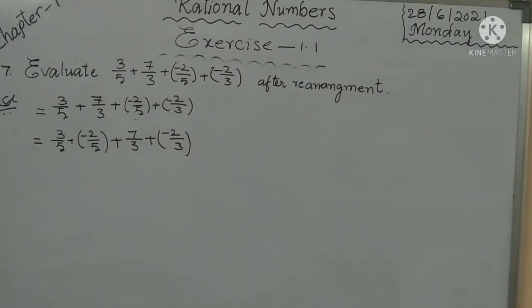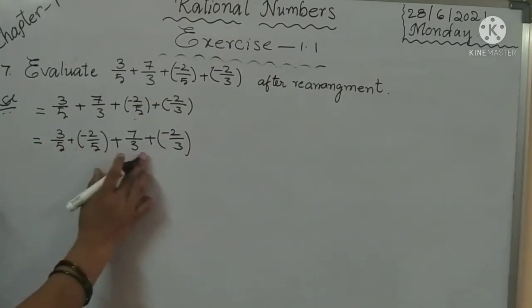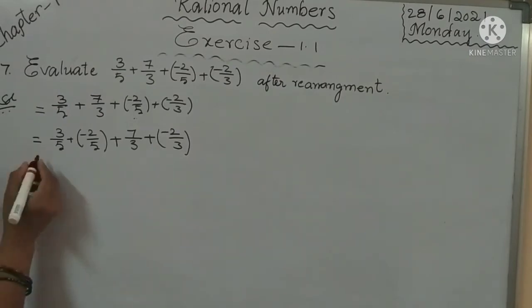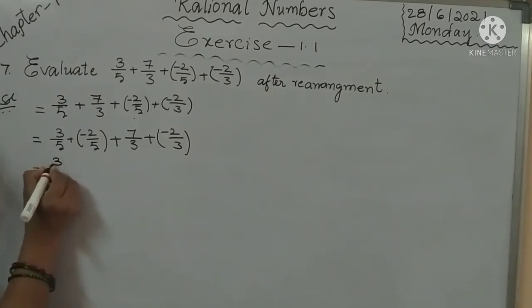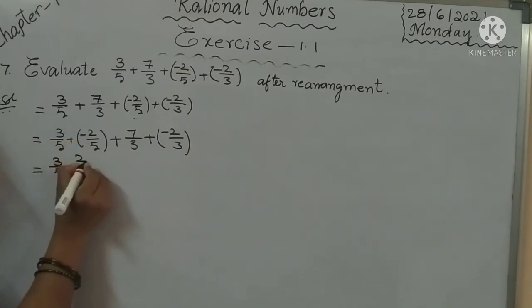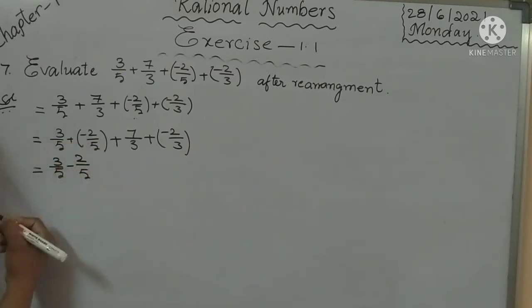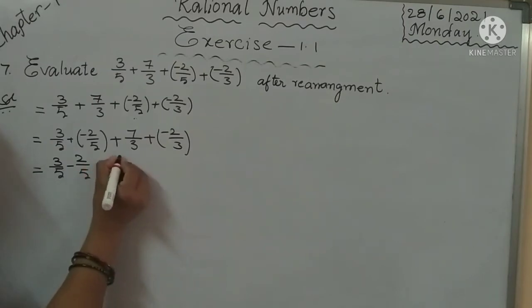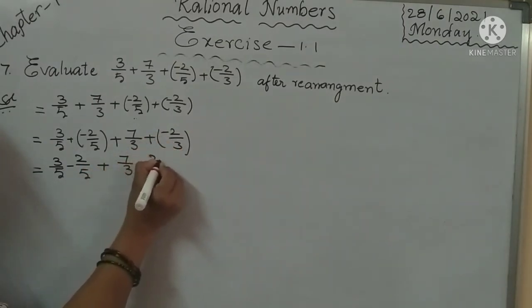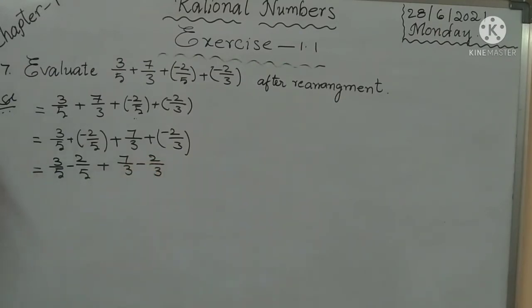Symbols no change, same, but here the numbers with the same denominator we should write side by side. Because of this the solution is very easy. So here 3 by 5 plus into minus, minus 2 by 5 plus 7 by 3 plus into minus, minus 2 by 3. Understand here?